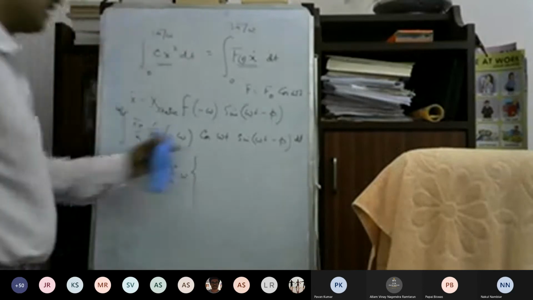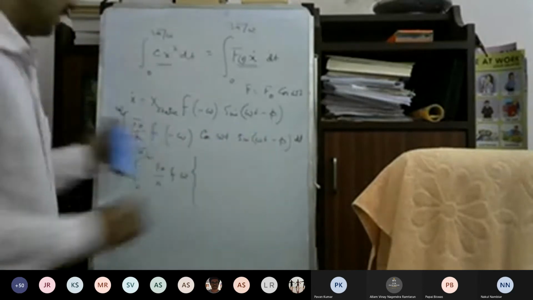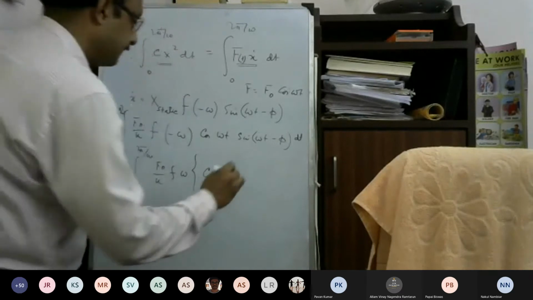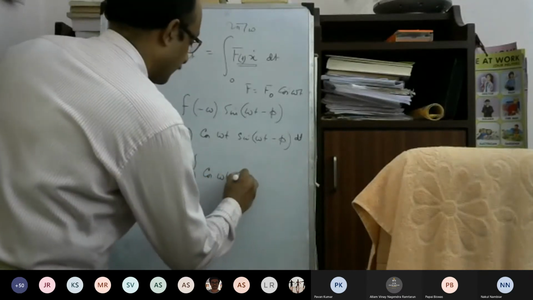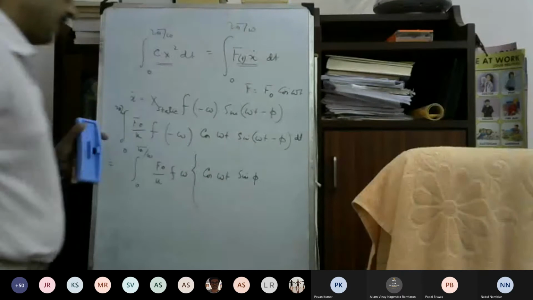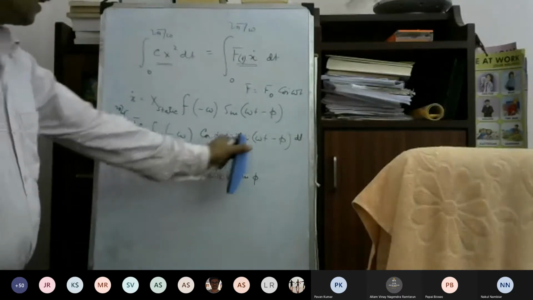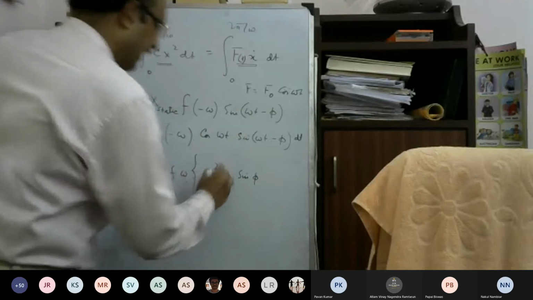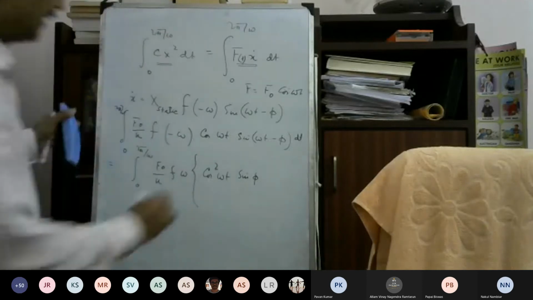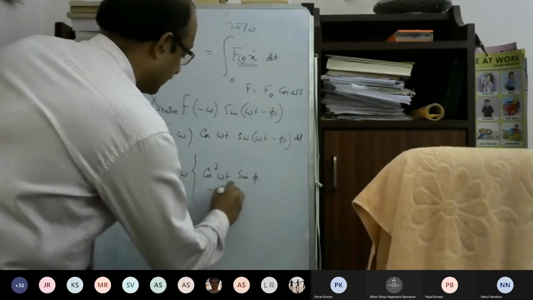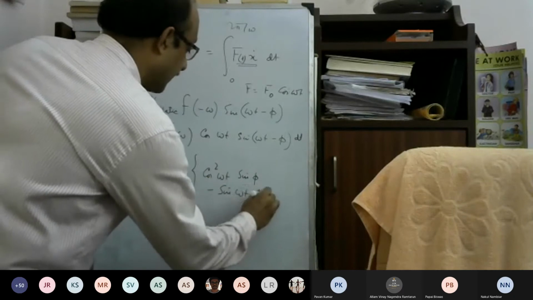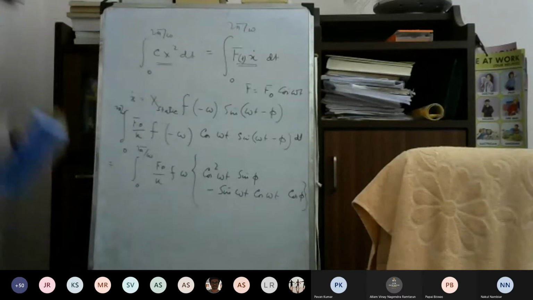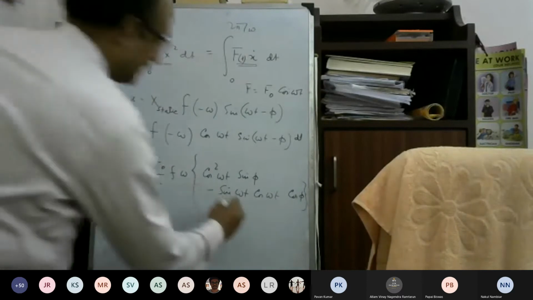So this becomes equal to cosine omega t sine omega t cosine phi, and cosine omega t, because of the negative sign, cosine square omega t sine phi, and minus sine omega t cosine omega t cosine phi, right? So this dt.